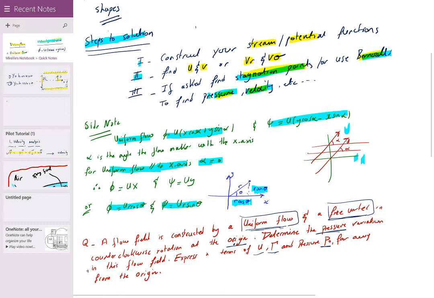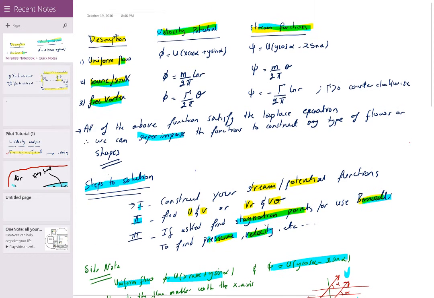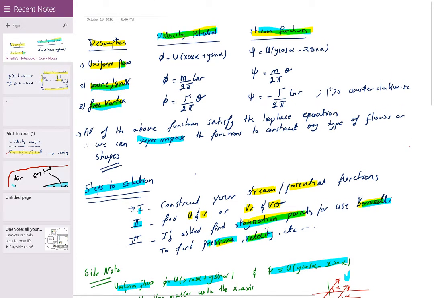I'm going to go up here and I will go to step 1: construct my actual flow by a combination of stream relations or velocity potential relations. Okay, so for the uniform flow, I have 2 options. I can use the potential function or I can use the stream function.